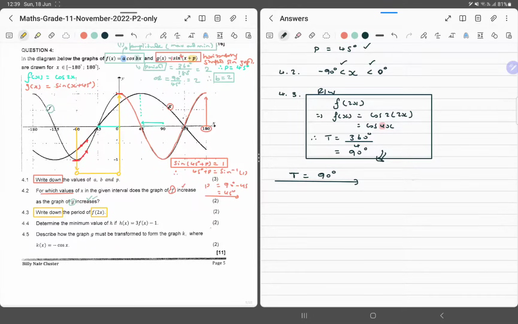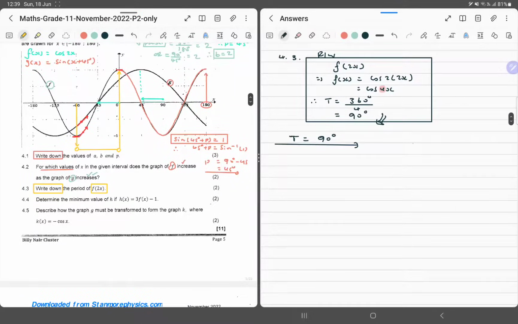So, easy stuff. Now let's do 4.4. 4.4 says, determine the minimum value of h of x equals 3 times f of x minus 1. Let's first sort out. This is 3 into f of x, which is cos 2x, okay?